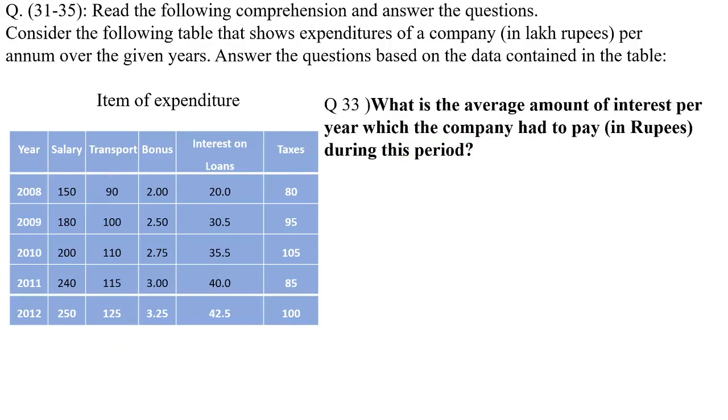Next question. What is the average amount of interest per year which the company had to pay in rupees during this period? Average amount of interest per year. So we will see the interest, correct? We have to take out the average of it, so we have to directly add it and divide it by 5.